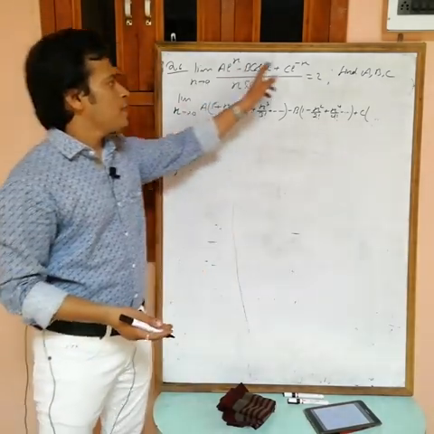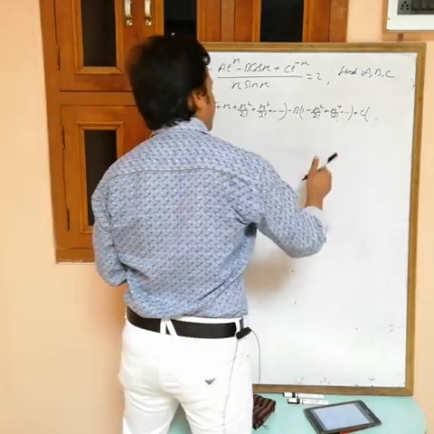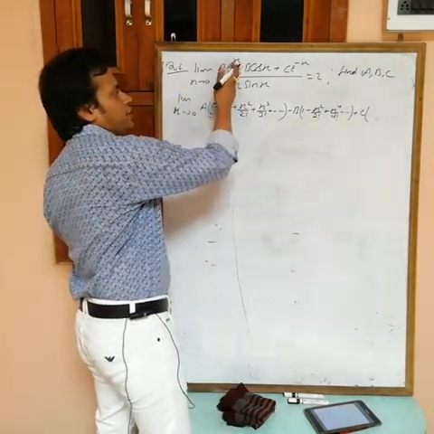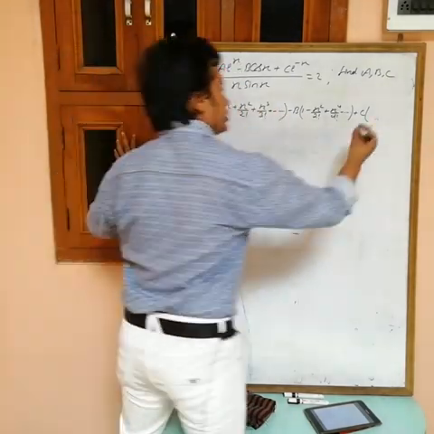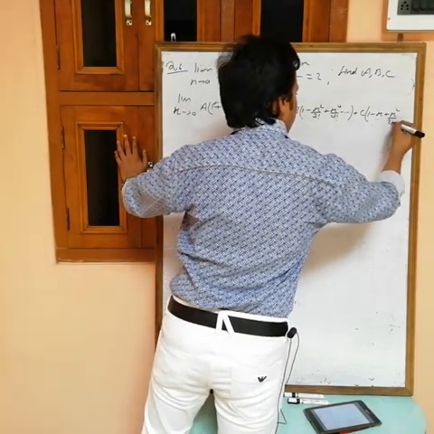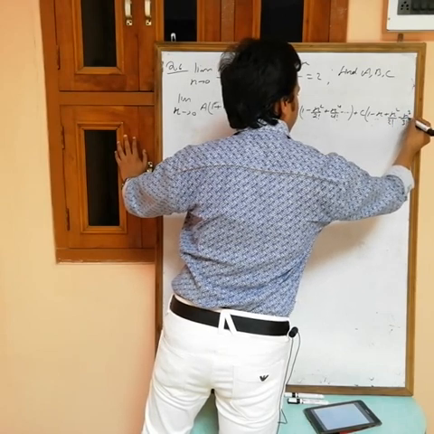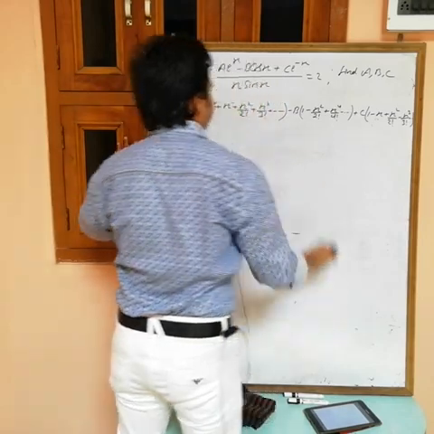E power minus x is simple. Replace x with minus x, then you will get the alternate sign: 1 minus x plus x square by 2 factorial minus x cube by 3 factorial.